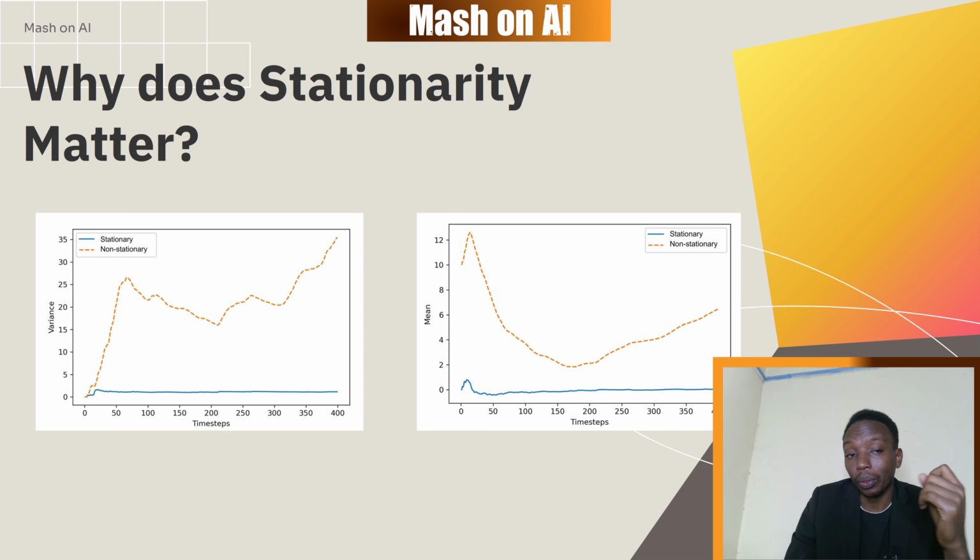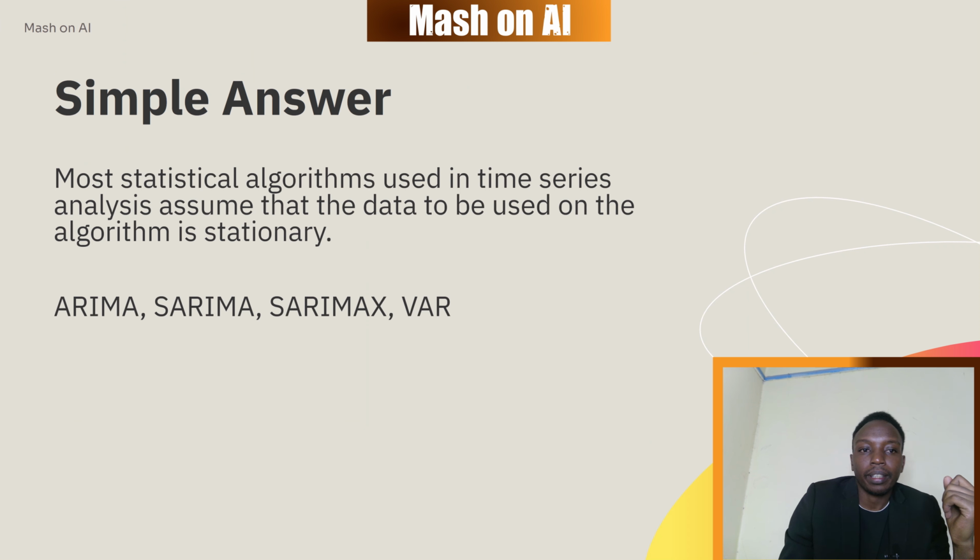So back to the question, why does stationarity matter? Well, the simple answer is that most statistical algorithms used in time series assume that the data being used on them is stationary. And I think the reason they do that is because it's easier to model data that is not changing as opposed to data that is changing.